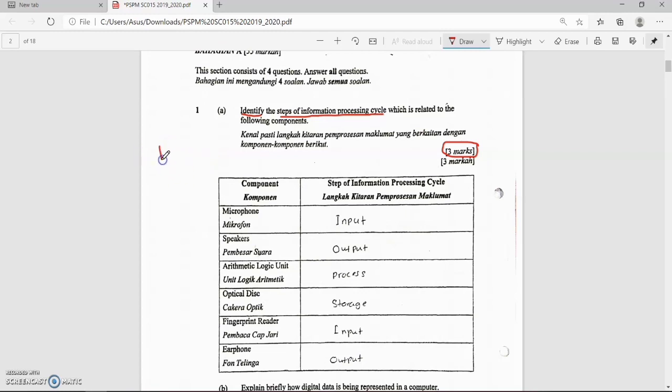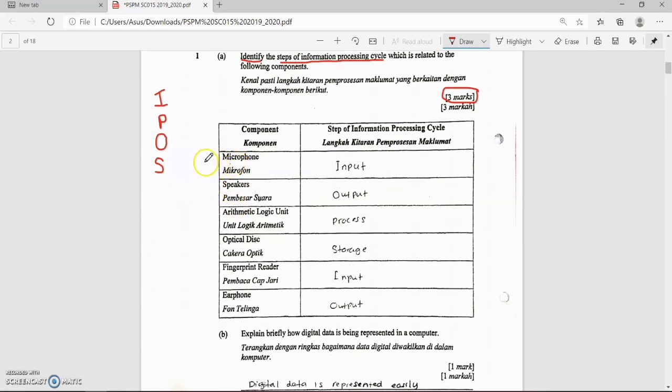So we have input, we have process, output, and storage. So the first component, we have microphone. Okay, microphone is the input device. So the answer is input. We have speakers, output.